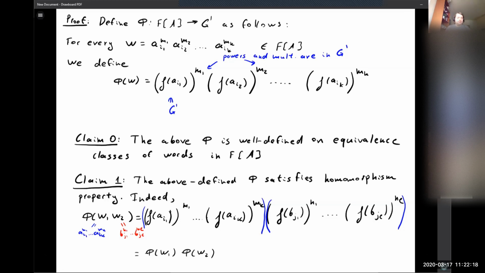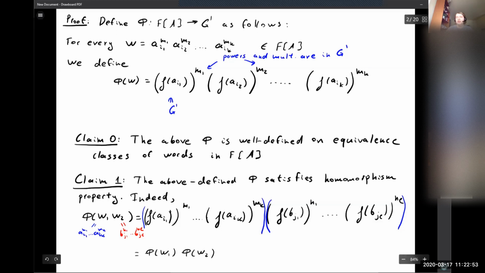Now note that for the proof of claim 1, it is essential that we assume claim 0. In other words, we can take any possible representatives W1 and W2 of the equivalence class of words, and we can say that the result of the multiplication is just the concatenation of the two.